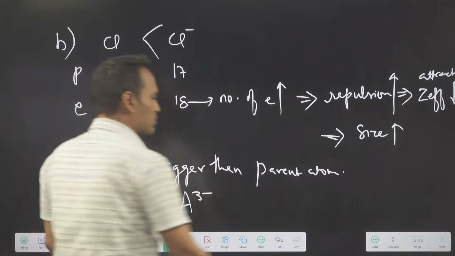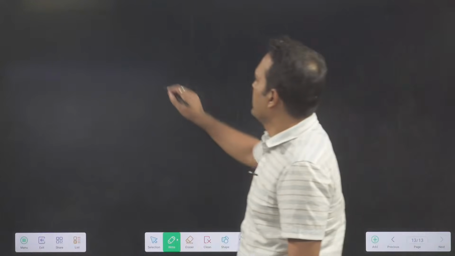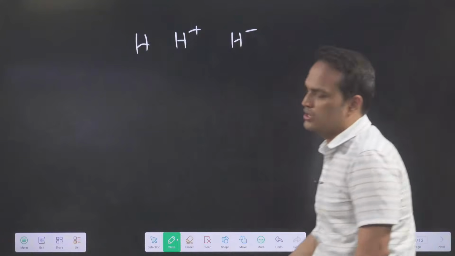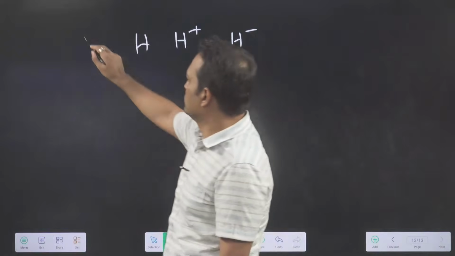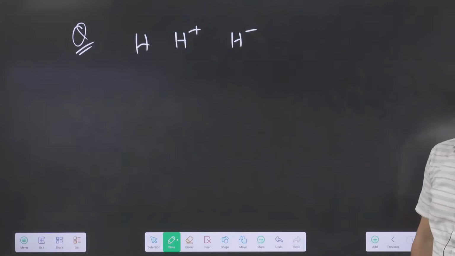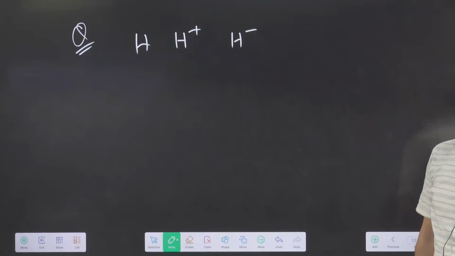So now let's do some questions quickly. H plus, H minus. Can you arrange on the basis of size? Now let's do 3-4 questions. Fatafat. Quickly. Because these are basic things, I think you have studied.